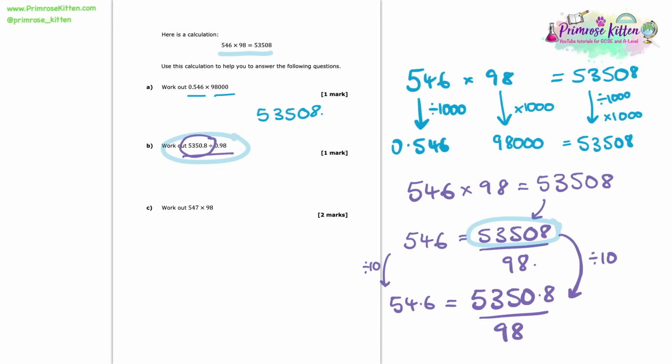Now that means what we want to do is take that 5,350.8 and instead of dividing it by 98, you want to divide it by a number that's 100 times smaller. So that's 0.98. Now the thing to remember is if you divide by a smaller number, you're going to get a bigger outcome. Like imagine you're sharing some money between fewer people. You're going to get more money each.